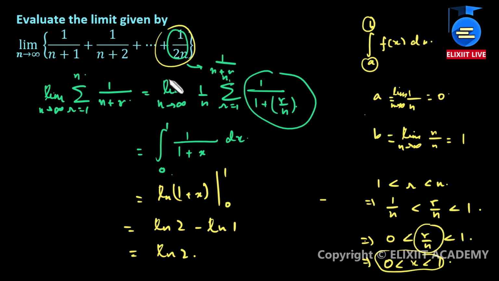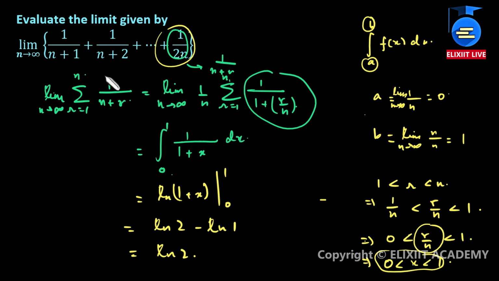In that case, for 1 upon 4n, suppose the summation goes up to 1 by n plus 1, plus 1 by n plus 2, and so on up to 1 upon 4n. For 1 upon 4n, what do we do? We'll write this as 1 upon n plus 3n. Accordingly, we'll have the limits of this sigma from r equals 1 to 3n.